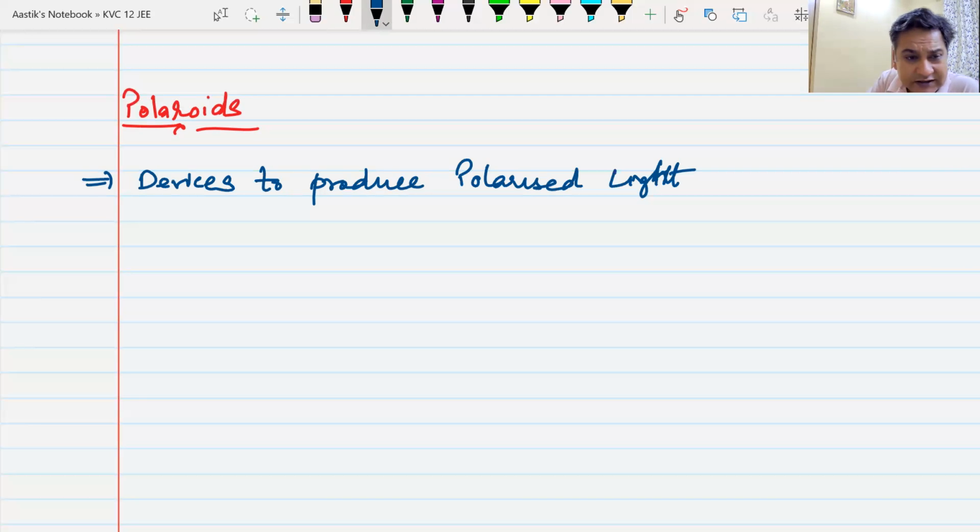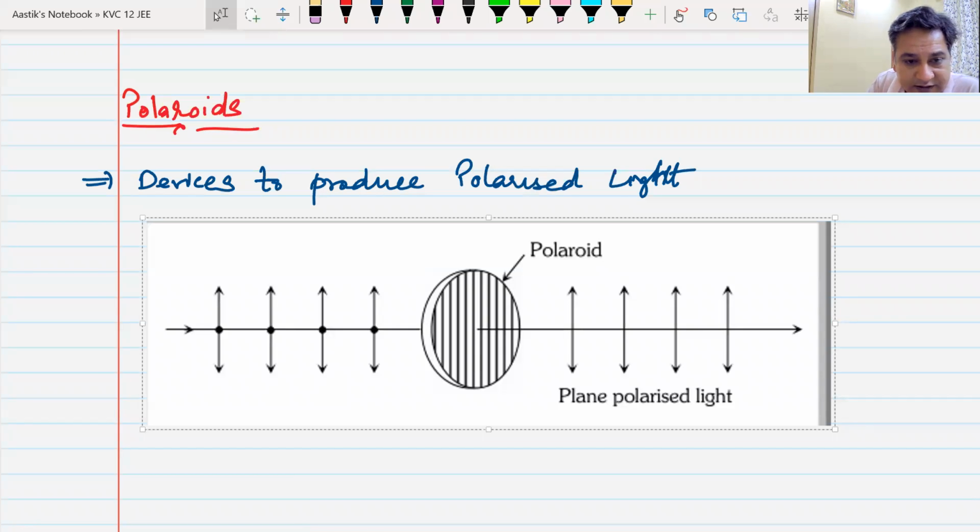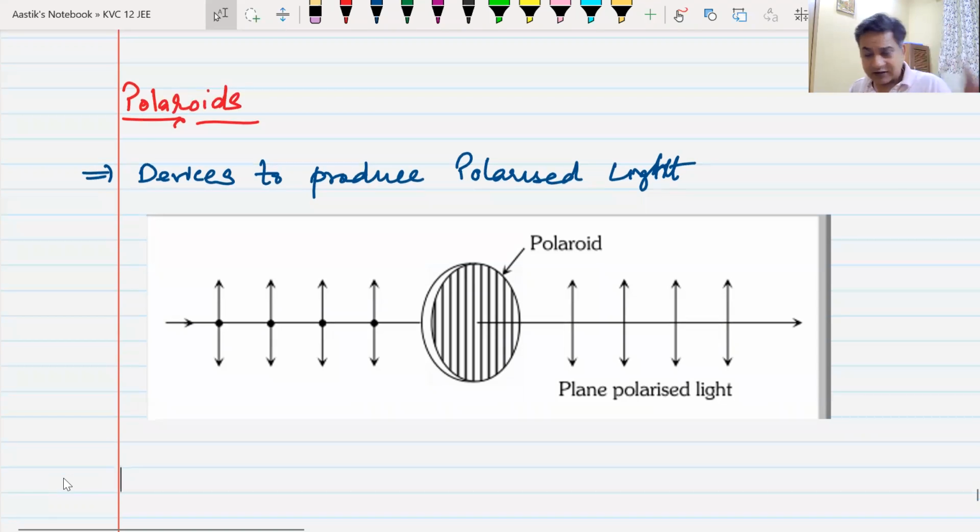How do they function? If I just show you this diagram, this might make things clear. On the left-hand side is light which is unpolarized.